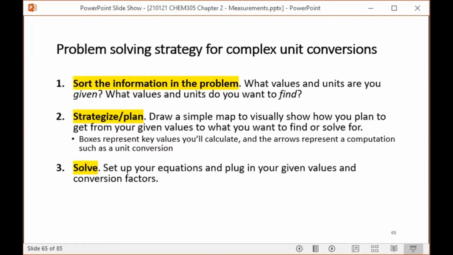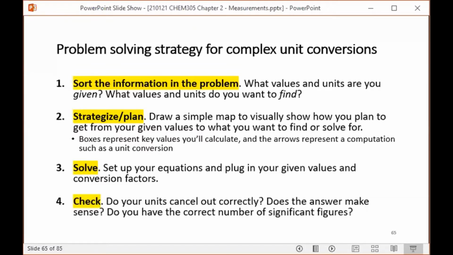Then once you've sorted your information, you know what you were given, you know what the problem is asking you to find, you sketch out a simple plan. After all that, you're ready to set up your equations and plug in your given values and conversion factors. Because you want to make sure that your plan, step 2, is a good plan before you're taking the time to plug things into your calculator and solve the problem. And then of course, you always want to go back and check: did your units cancel out correctly? Does the answer make sense? And do you have the correct number of sig figs in your final answer that you're writing down or reporting?